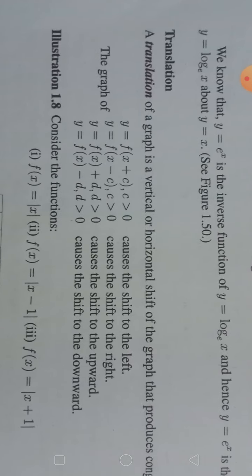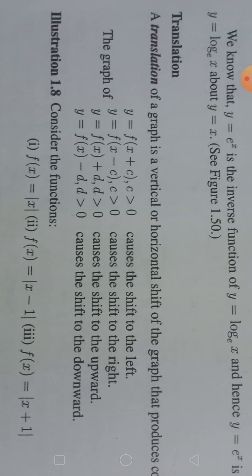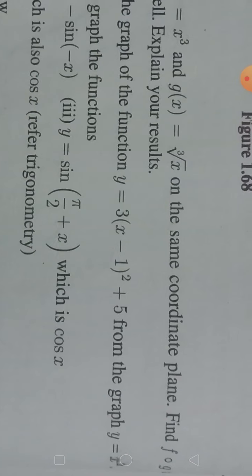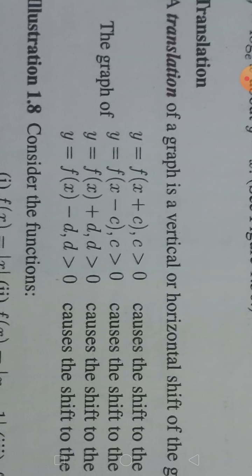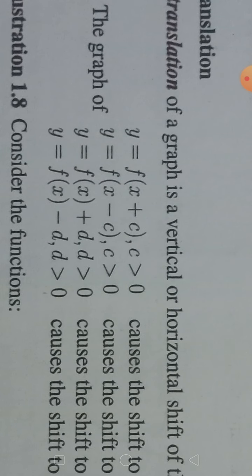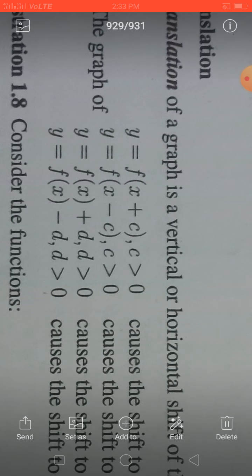Look at the conditions. There are four conditions. In this problem, look at the bracket term, x minus 1 whole square. x minus 1 is the same as x minus c, so y is equal to f of x minus c, c greater than or equal to 0.